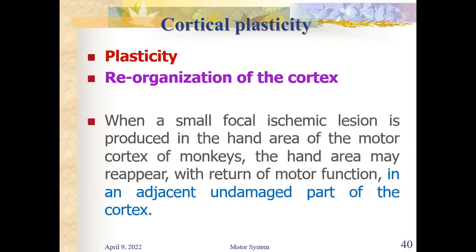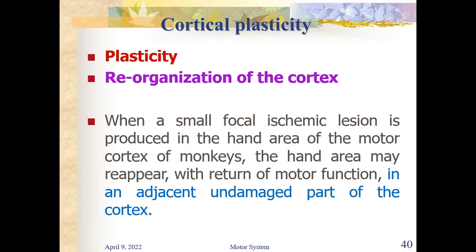So under plasticity, we also have what we know as reorganization of the cortex. For example, damage to a particular area of the motor cortex, maybe due to ischemia or lesion, maybe that area that is controlling a particular part of the body, can lead to reorganization of the motor cortex.